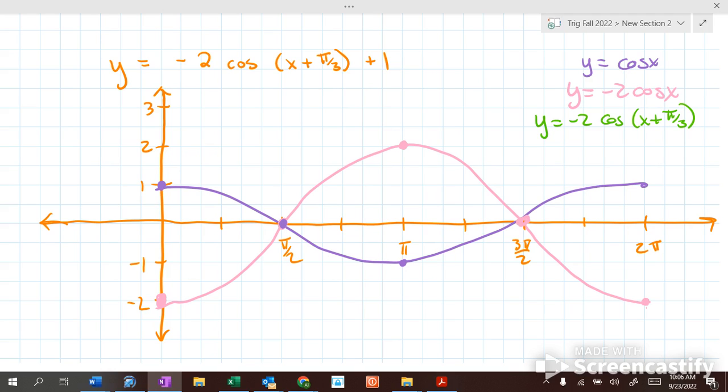Left by 4, because pi is 12, so we go 1/3 of 12. So we go left 4 squares. 4 squares to the left. 1, 2, 3, 4.